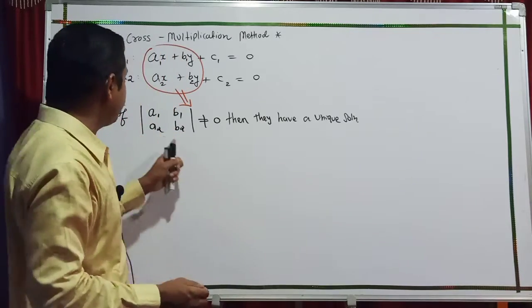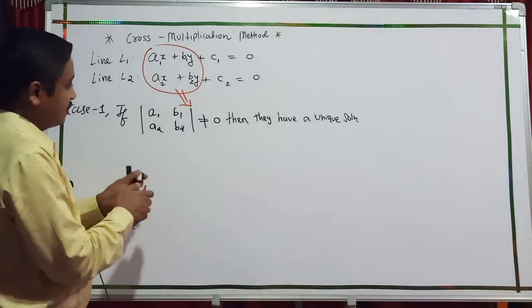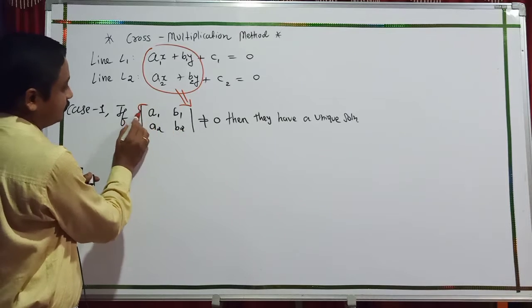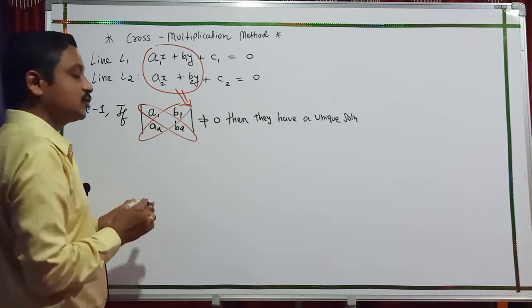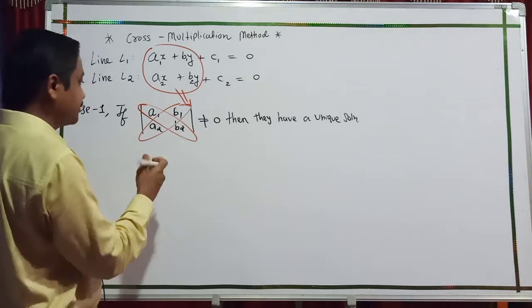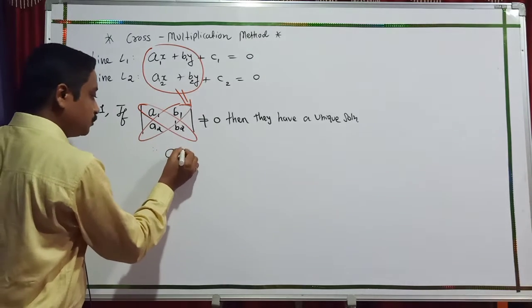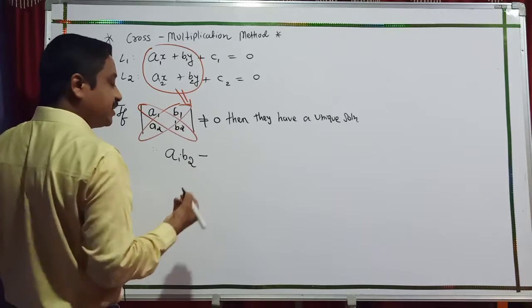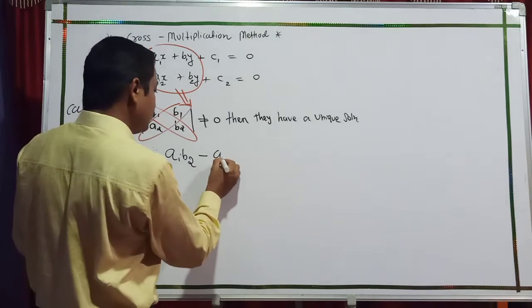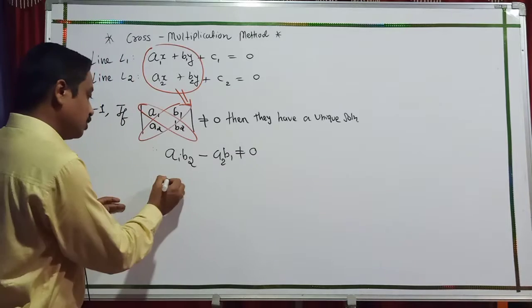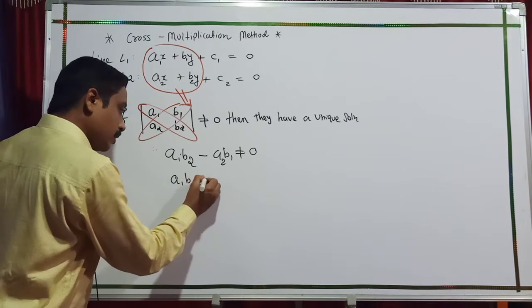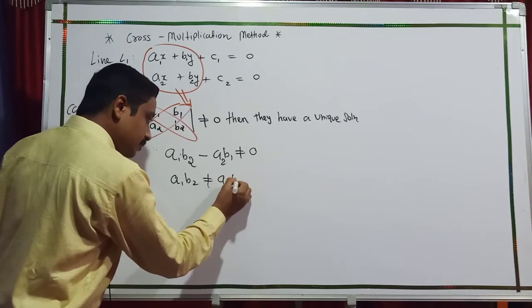So students, here applying our cross multiplication, apply first a1 b2 and then a2 b1. So what do you get? The difference of the products, a1 b2 minus, compulsorily, a2 b1, not equal to 0. So a1 b2 is not equal to a2 b1.